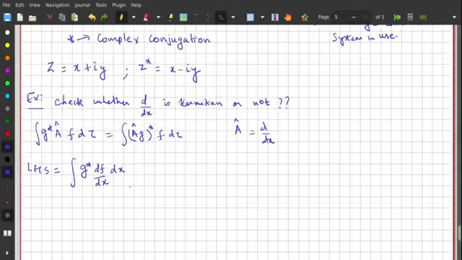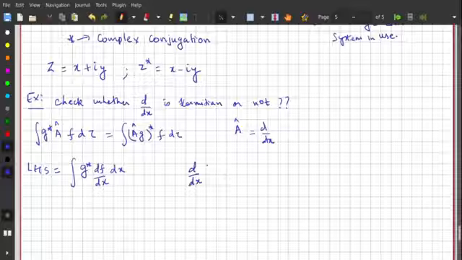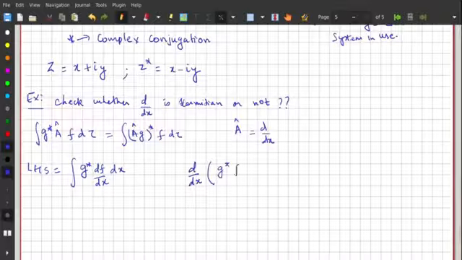And let's do one very important thing: let's write d/dx of g star times f.